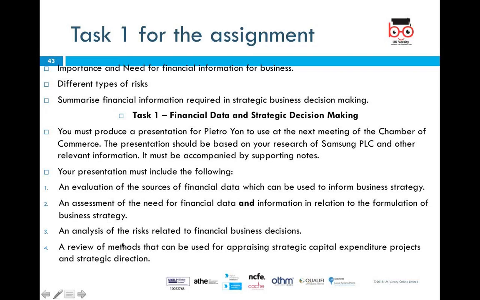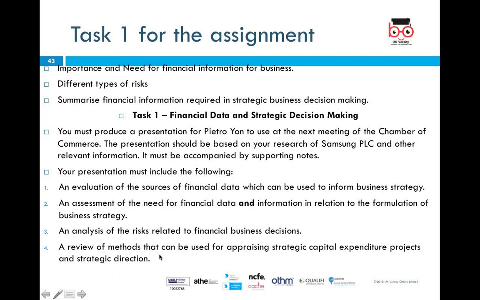You need to say something about the methods, what kind of internal control or control procedures can be used for appraising strategic capital expenditure projects. If you want to do any expansion, any strategic vision, any kind of projection, or strategic direction, you need to say something about the methods, and why you are taking that kind of capital expenditure project or strategic direction.